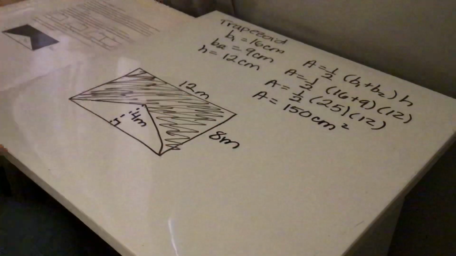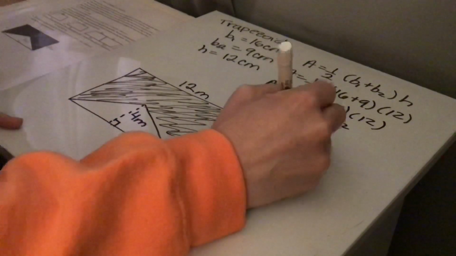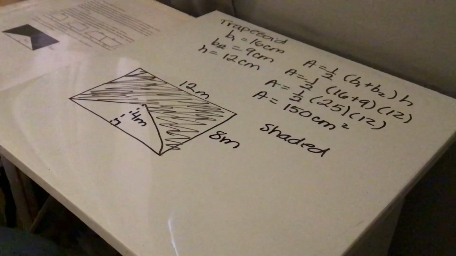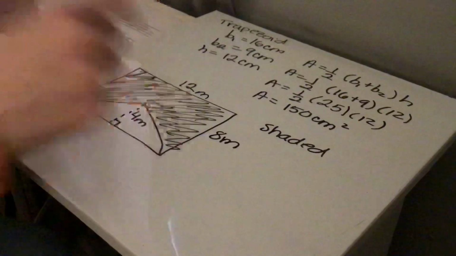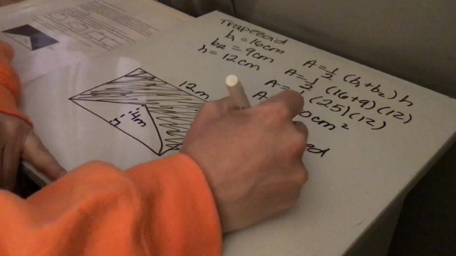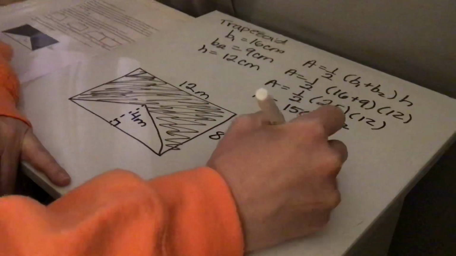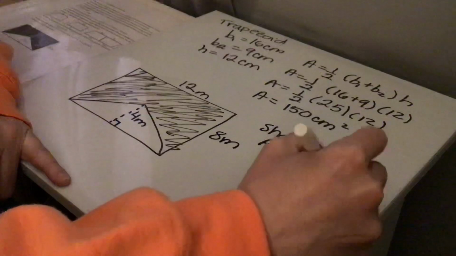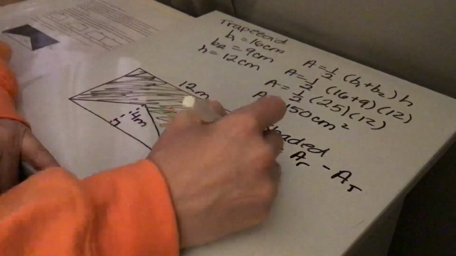We want to find the area of the shaded region. Because it's a shape we don't know, the area we want is the area of the total, which is a rectangle, minus the area of the little triangle.